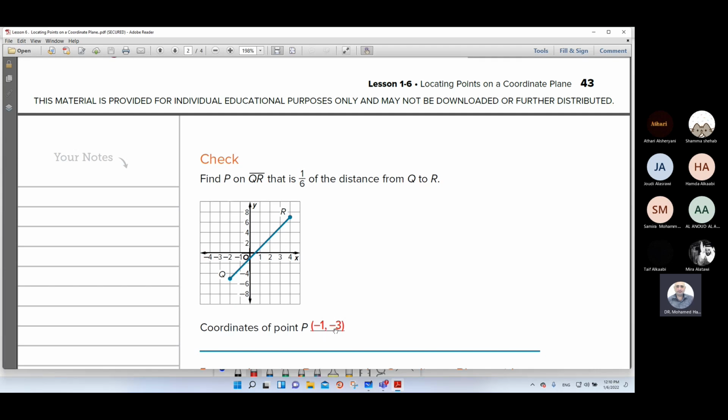So negative 1, negative 3. Where is negative 1, negative 3? This is negative 3 here in the y, and this is negative 1. So the point will be in this point.